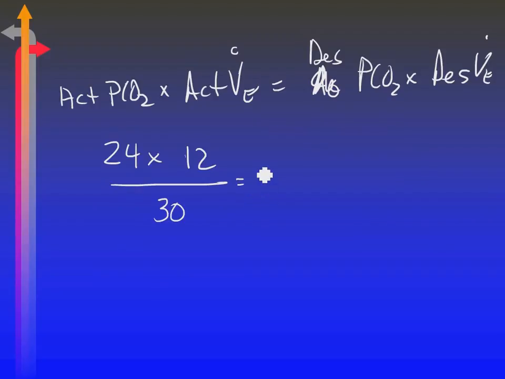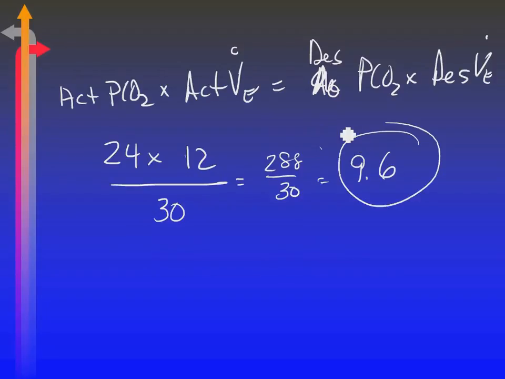So 24 times 12 is 288, divided by 30 is 9.6. So my minute ventilation needs to be changed to 9.6 liters per minute. And we would probably do it by leaving the tidal volume the same, just changing the rate.